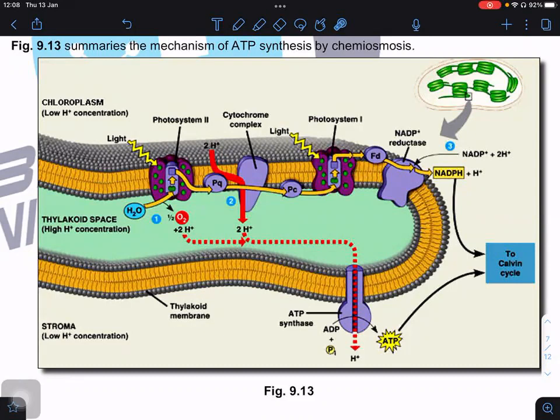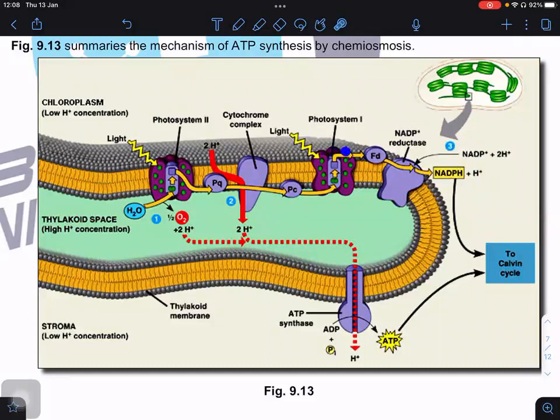The pigments absorb and pass this energy to the reaction center, so photoexcitation of electrons takes place. The electrons are transferred along a series of electron carriers until they reach NADP. NADP together with the electrons and protons forms reduced NADP.